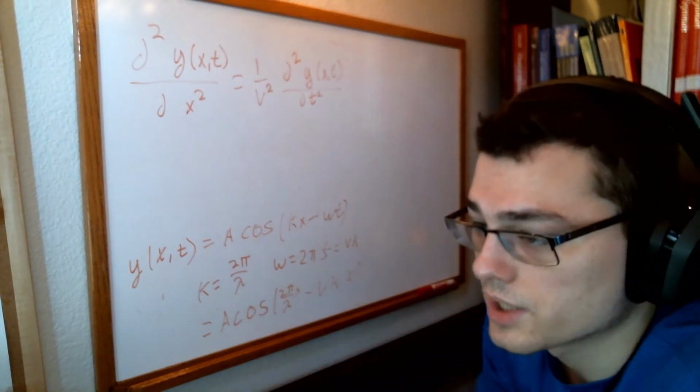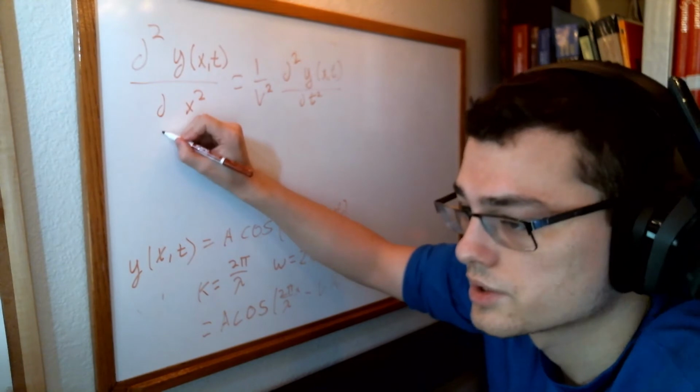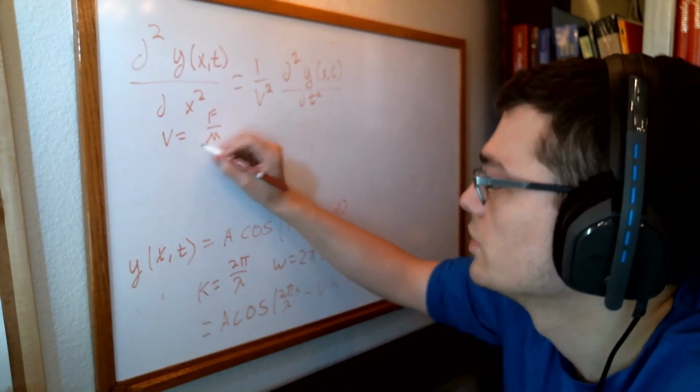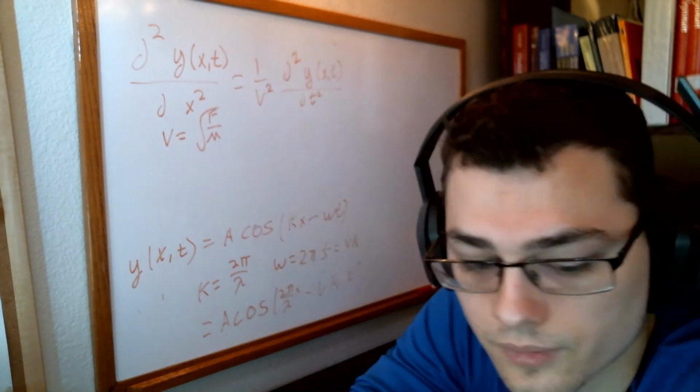And for waves on a string, you can say that v is going to be equal to the square root of F over mu.